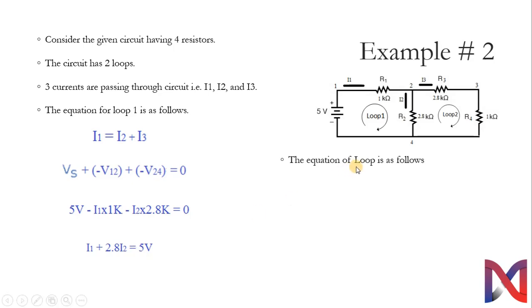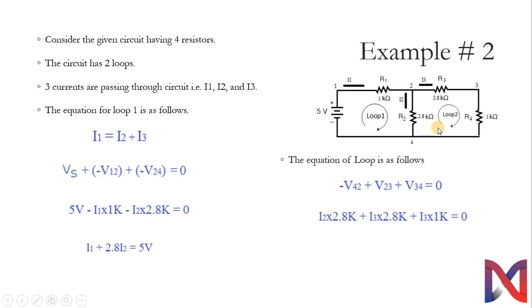The equation for loop 2 will be as follows: minus V42. Now we go from this point to this. So we have minus V42 plus V23 plus V34.